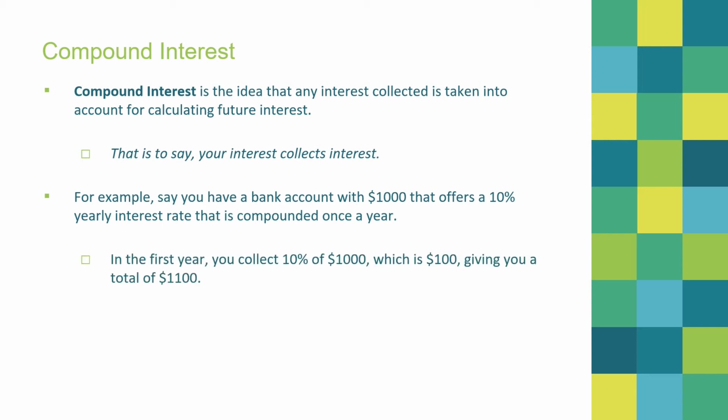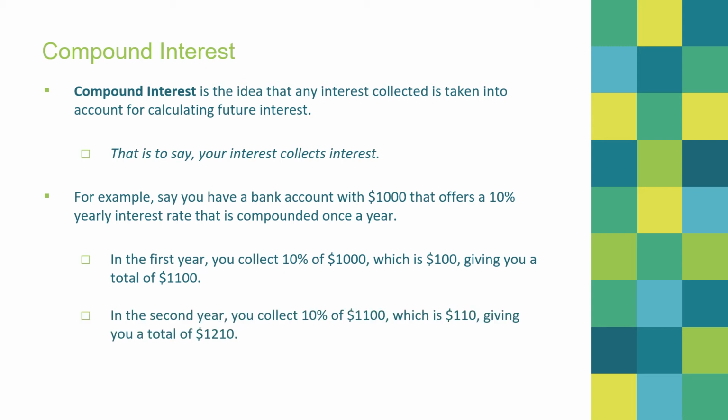So in the first year, that's 10% of $1,000, which is $100. So we add that to the $1,000 and we get $1,100. In the second year, well, we get 10% of $1,100, which is $110. So that's $1,210.